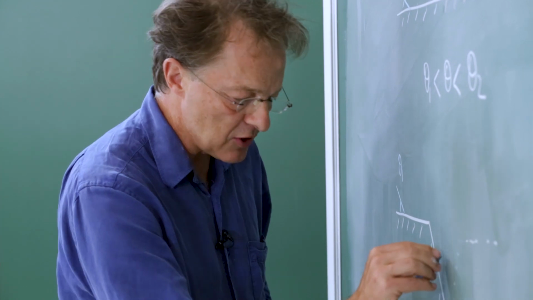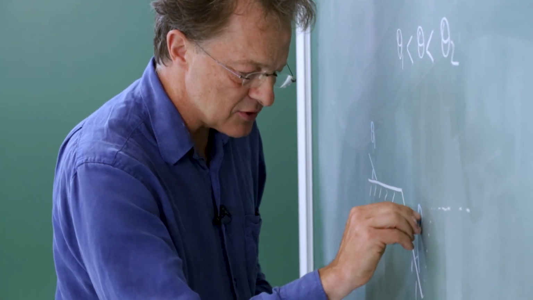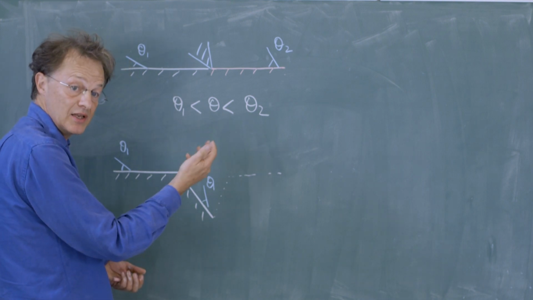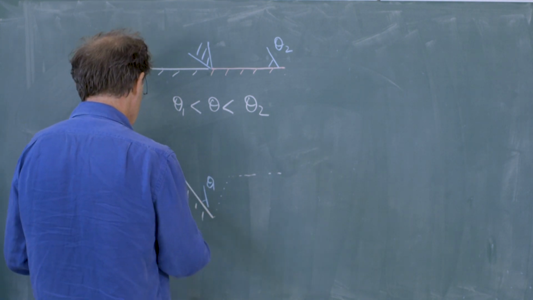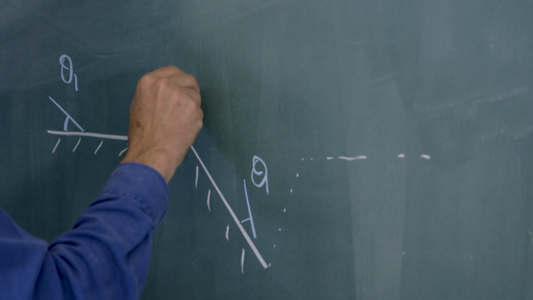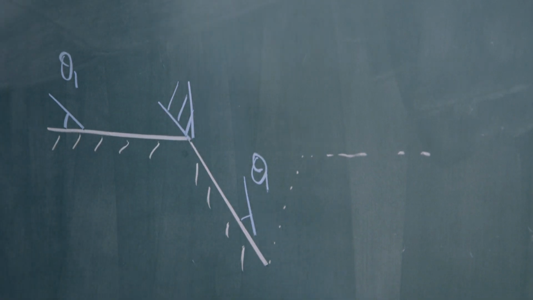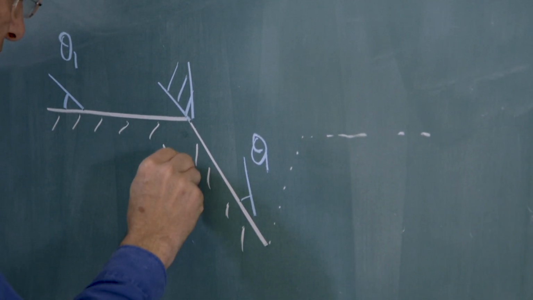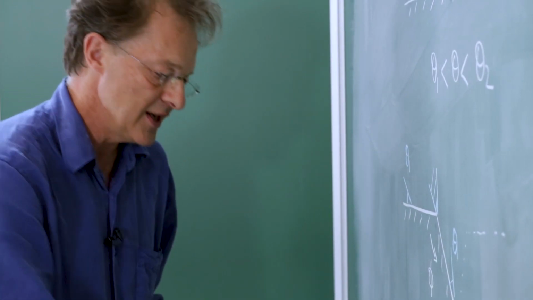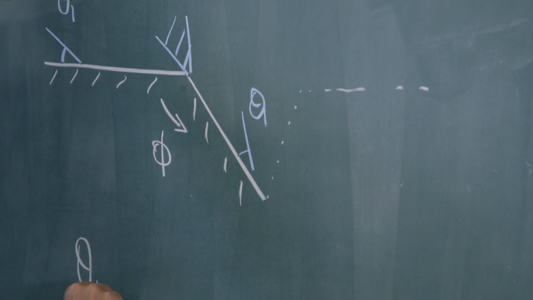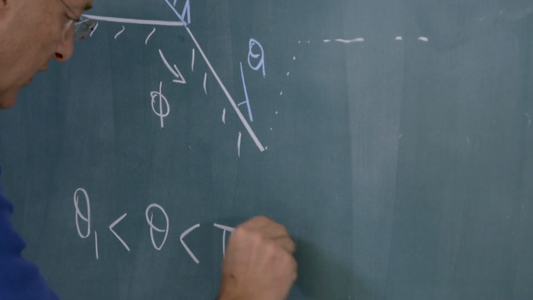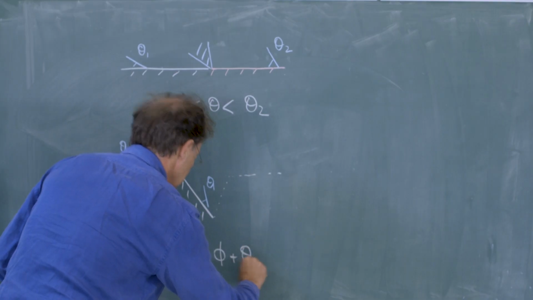I would get the same angle on this part, but because I cannot see the groove, I consider always the horizontal as my reference. And again, when the liquid is pushed to the tip, I can observe any angle between these two values. And if the angle of the kink here is denoted as phi, the variability of the angle here is between θ1 and pi minus phi plus θ1.